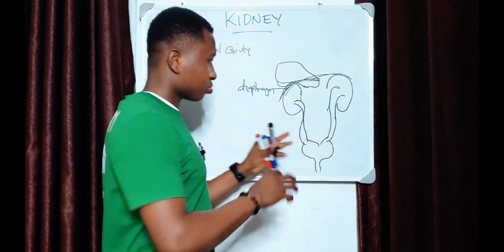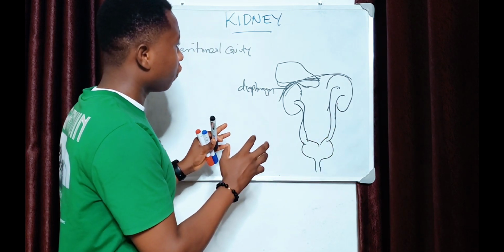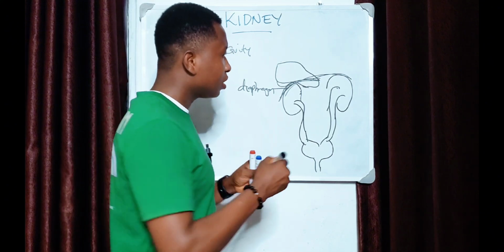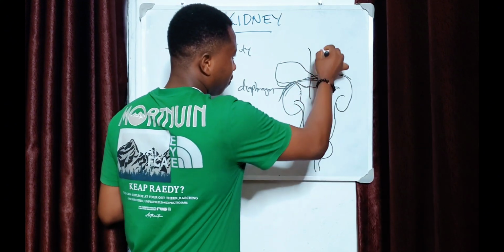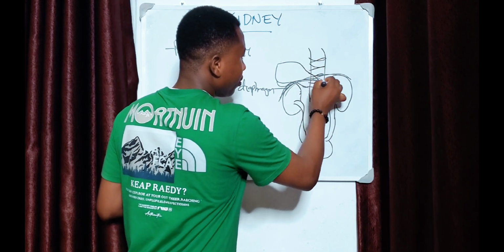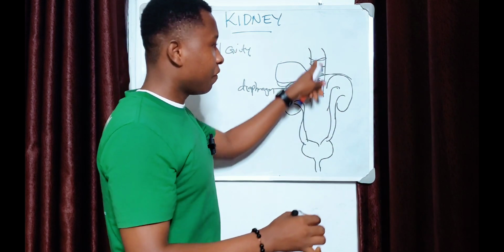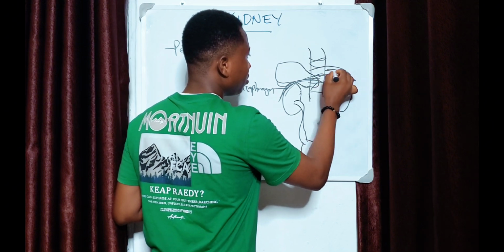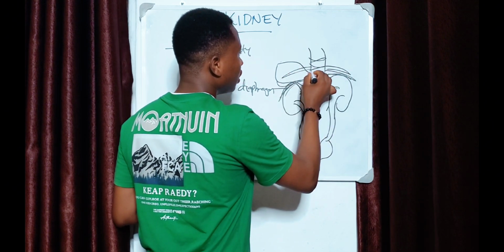All right. So that is the location of the kidney. Now, another thing, the kidney is found very close to the residual ribs. So let's assume this is the vertebral column and you have the residual ribs. The residual ribs are also called the floating ribs.